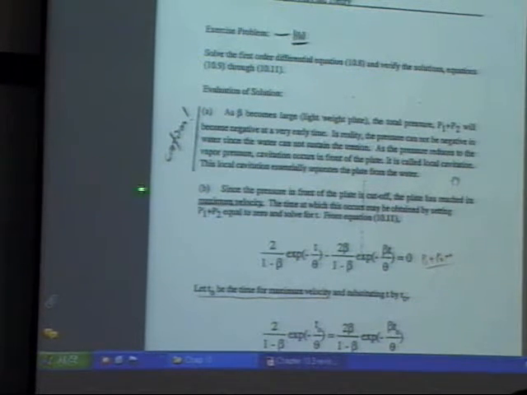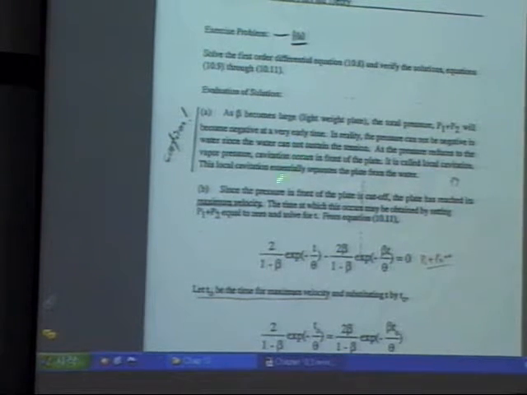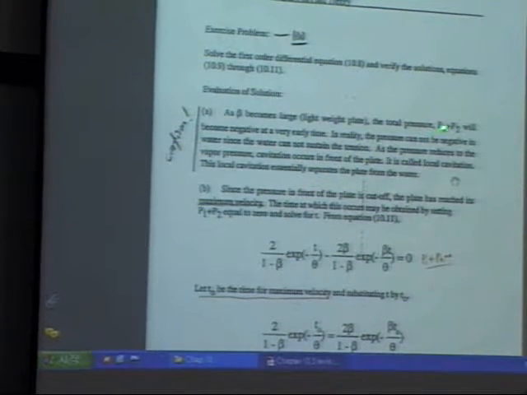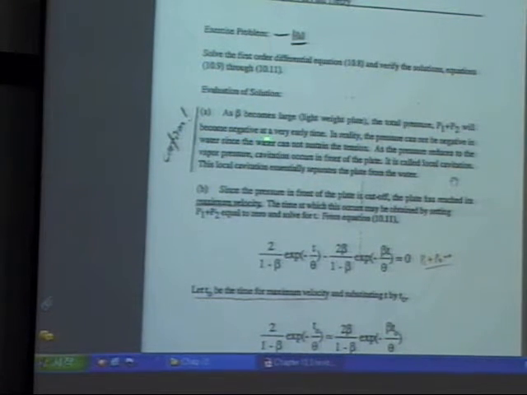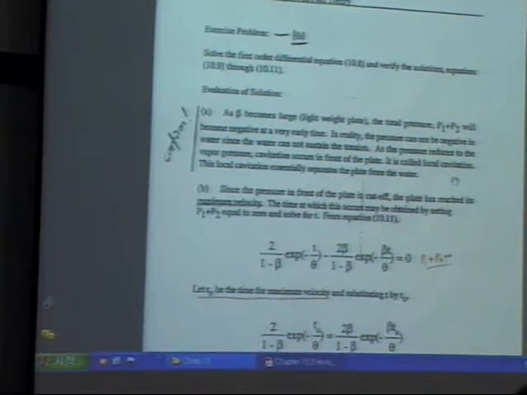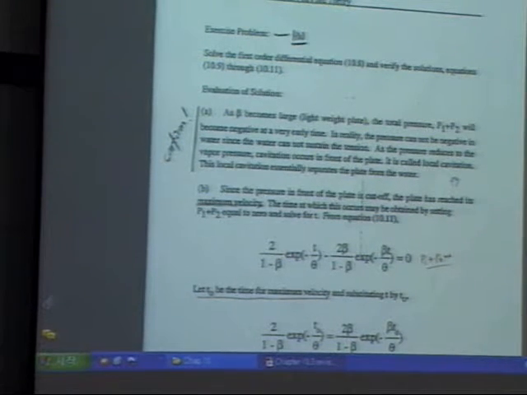Then I discussed the beta. When beta becomes large, what happens? P1 plus P2 becomes negative at very early time. I assigned another problem to get you the experience yourself.